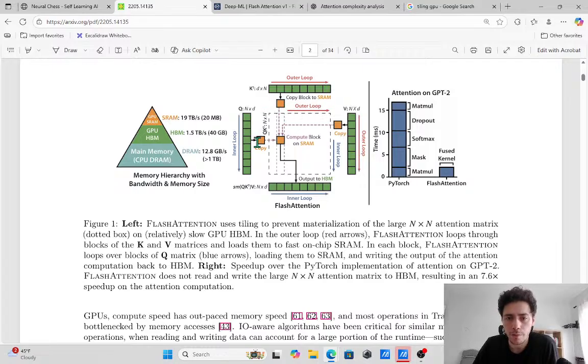So you take a copy of it, you take a copy of it, you do the dot product. Okay, this is pretty interesting. So you take the dot product of these, which this arrow is compute block on SRAM.